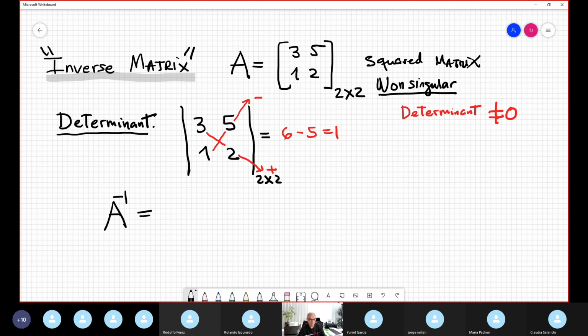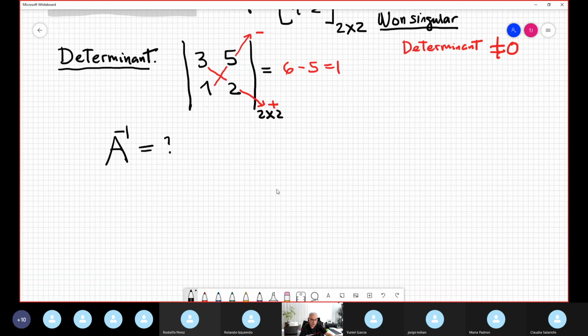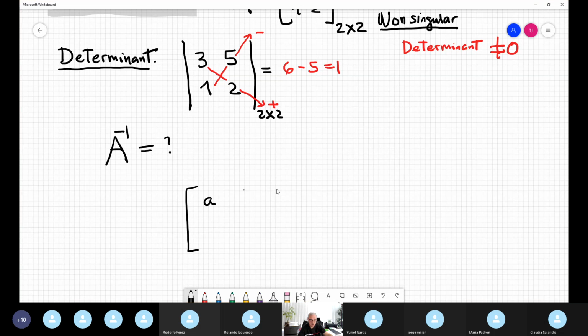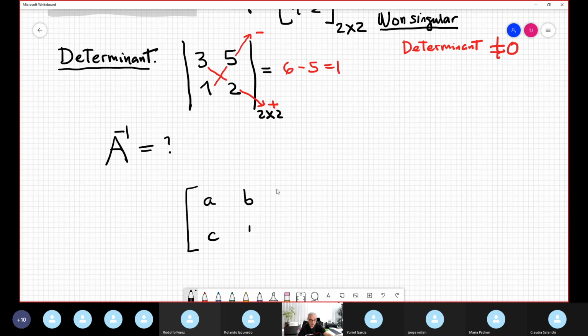And how do you find that? Well, in 2 by 2 it is super easy. What is the formula? For 3 by 3 and 4 by 4, there are no simple formulas, it's crazy. But I want to explain the idea. In 2 by 2, that's the most important thing: suppose you have a matrix A, B, C, D in general. You compute the determinant.